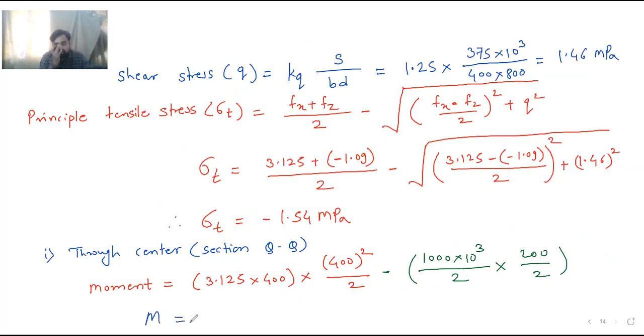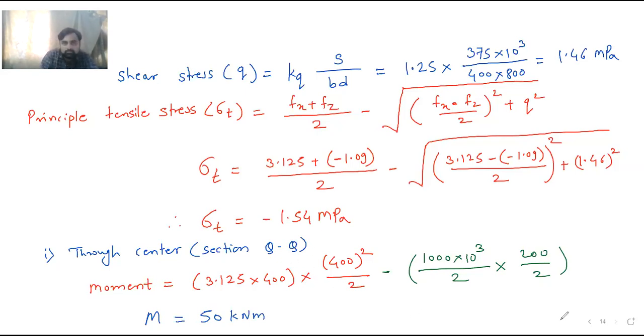M is equal to, calculate this. It is 50 kilonewton meter.